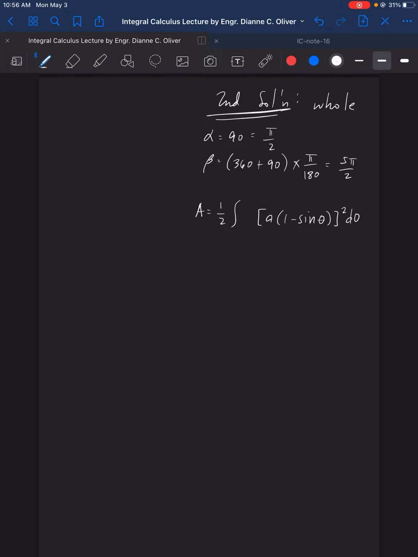So alpha is equal to 90, pi over 2, beta is equal to 360 plus 90 times pi over 180, and that is equal to 5 pi over 2. So the area now is equal to one half integral of a(1 minus sine theta) squared d theta, alpha pi over 2, beta 5 pi over 2.